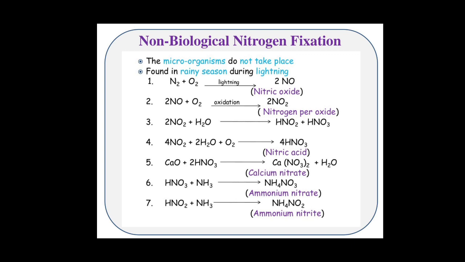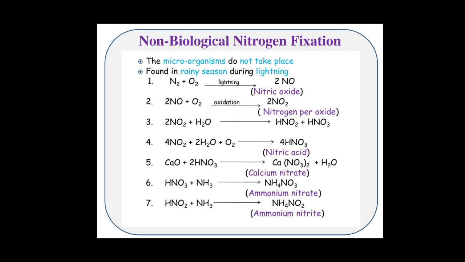This non-biological nitrogen fixation is found in the rainy season, which we can call acid rain. The nitrogen present in the atmosphere reacts with oxygen during lightning to form nitric oxide. The lightning energy can break the nitrogen molecule, and it reacts with oxygen to form nitric oxide.